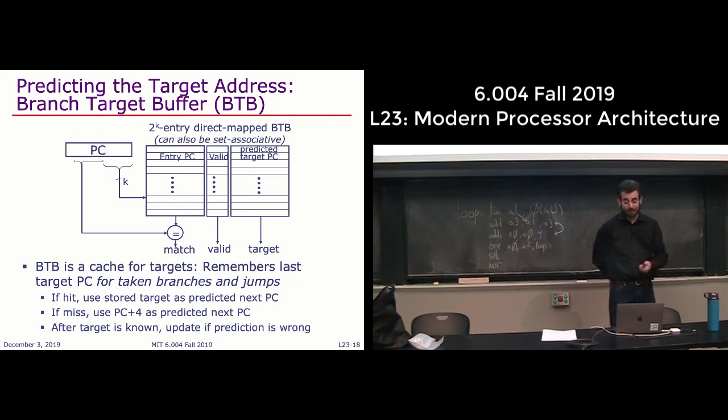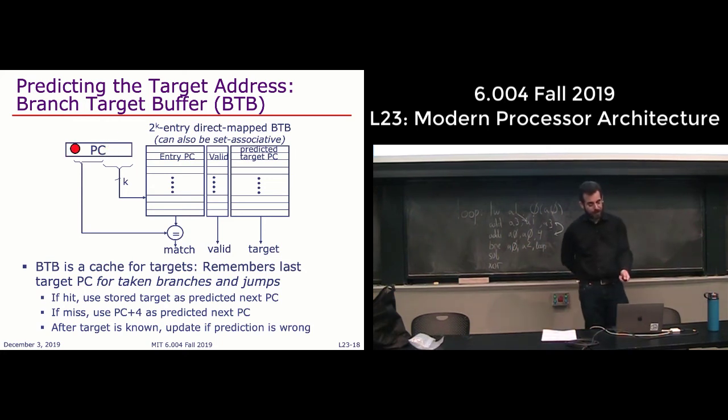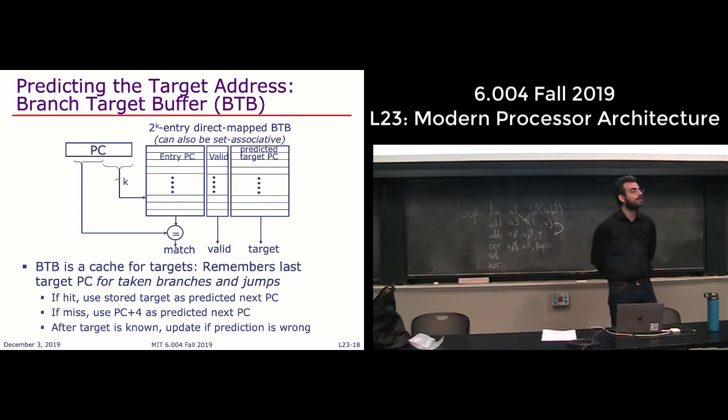This is a small cache. You can make it 4 or 8 entries. You don't need a giant cache. Small BTBs are very effective. And then if you have a hit, you take whatever's predicted as a target and use that as your guess for the next PC. If you don't find an entry, then just predict PC plus 4.